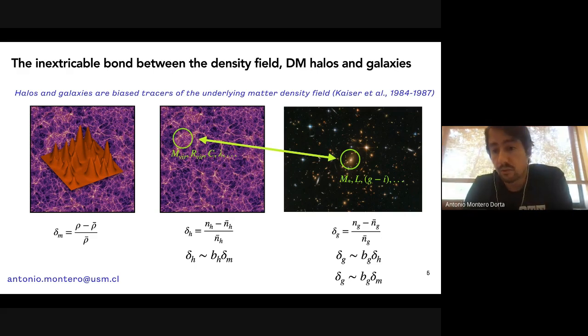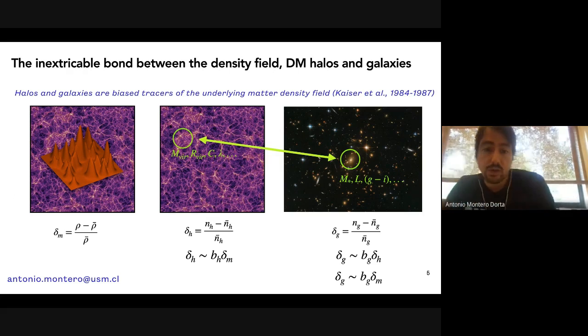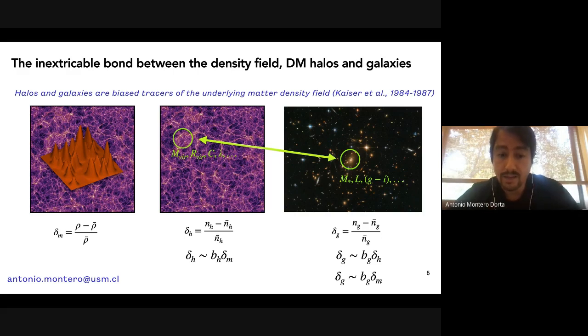Of course, what we want to do here is to connect these two fields, the dark matter halos and galaxies, and their properties, in the context of the large-scale structure of the universe. Here, as you know, is where a deterministic bias can be defined that relates the densities of the different fields.